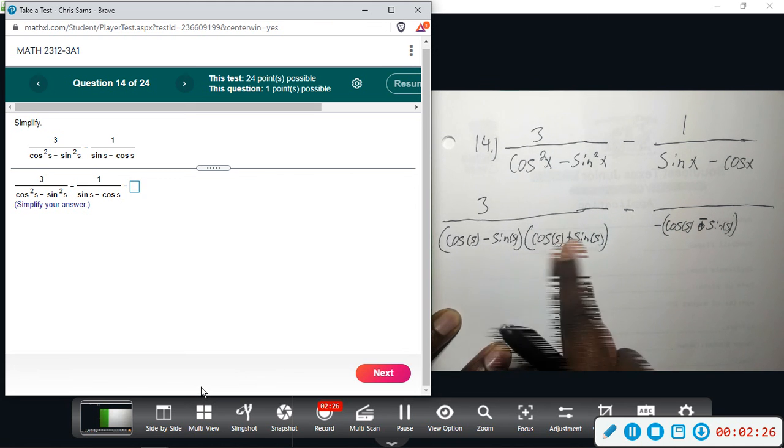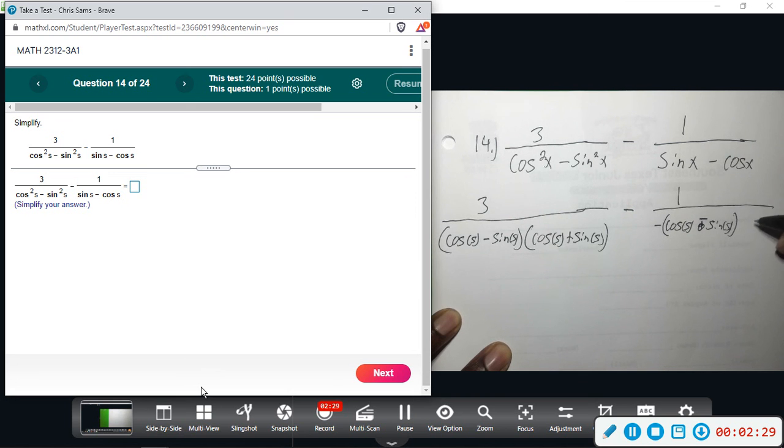So this is the term I need to add. So I need to multiply a cosine s plus sine s on the top and the bottom to give us a common denominator.